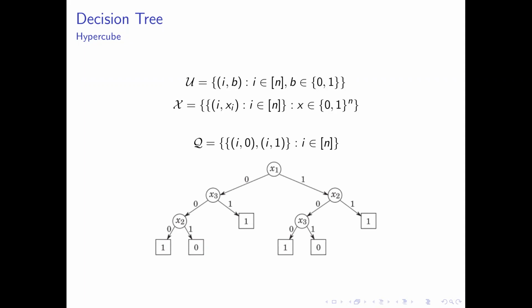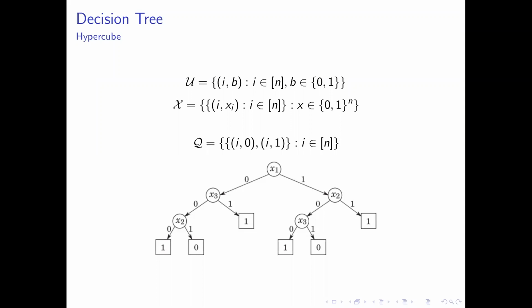For instance, if I consider a bit string, it can't be the case that the ith coordinate is both 0 and 1. Rather, it has to be one of those two. This would be the decision tree setup: I query x1, and if it's 0, then I query x3, etc.